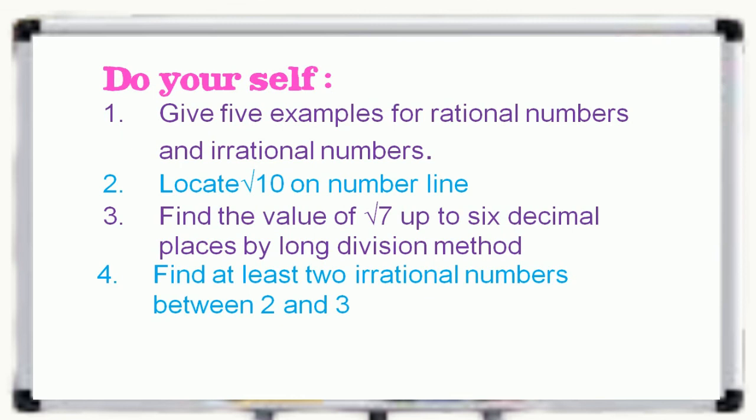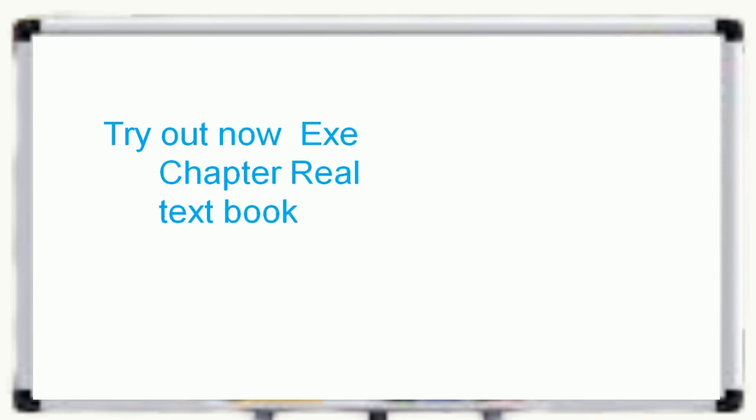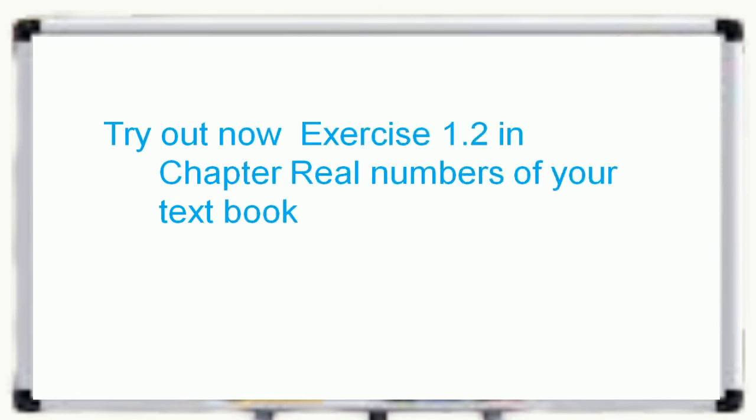And the fifth question is find an irrational number between 5 by 7 and 7 by 9. And also try out exercise 1.2 in the chapter Real Numbers of your textbook, that is page number 14. All the best.